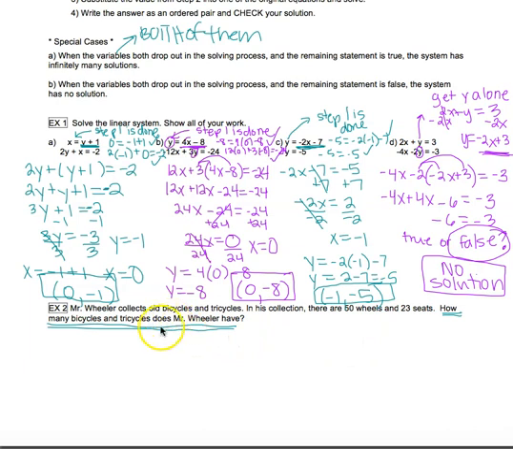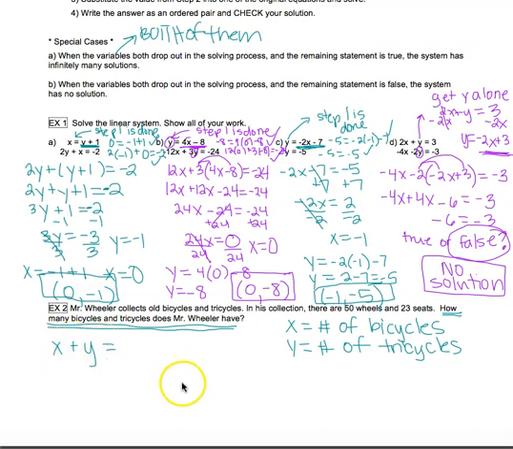If I want to find out how many, that means that's what my variables should stand for. So we're going to let x equal the number of bicycles, and we're going to let y equal the number of tricycles. Since they only have one seat each, the number of bicycles plus the number of tricycles has to equal the number of seats. So in this case, 23.